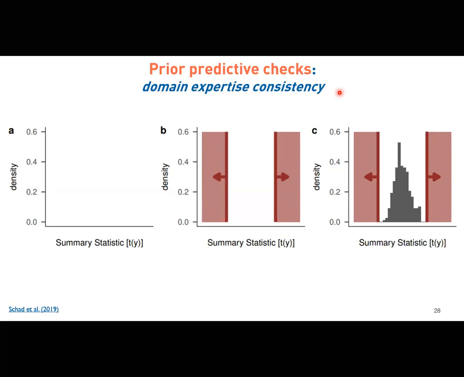Domain here means psychology, decision neuroscience, decision science, decision making. You need to know the chance level. If you don't know that part, then you cannot do a prior predictive check, because there is no decision threshold or criteria to help you decide which is a good prior and which is a poor prior.